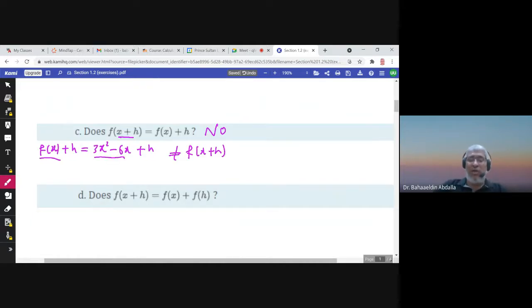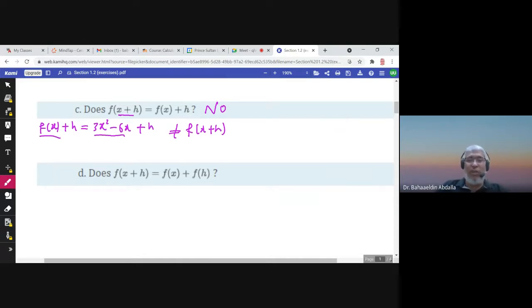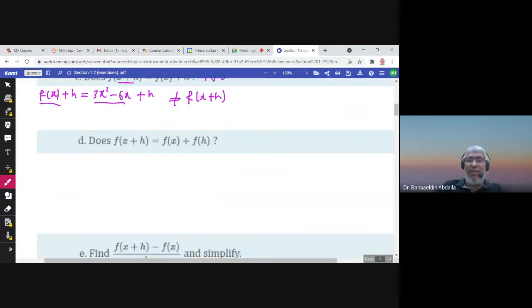So they are different, and there is a big difference between when you put h inside parentheses or outside. This will make a huge difference. Okay, do these two equal? Also no, because this is different from this.